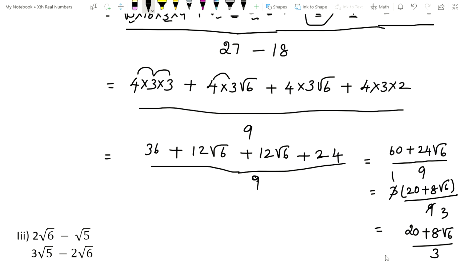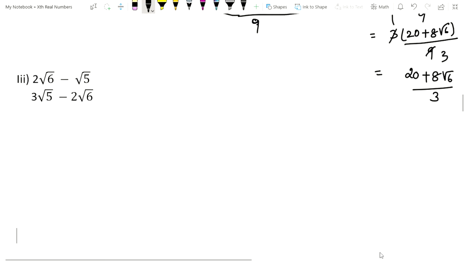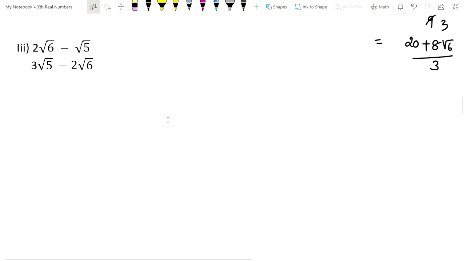Do you have any doubt? Okay, children. See the next question. Two root 6 minus root 5 divided by 3 root 5 minus 2 root 6. First we are going to rationalize the denominator.